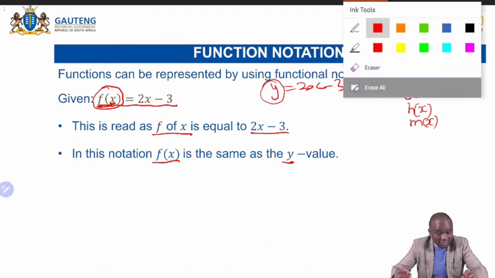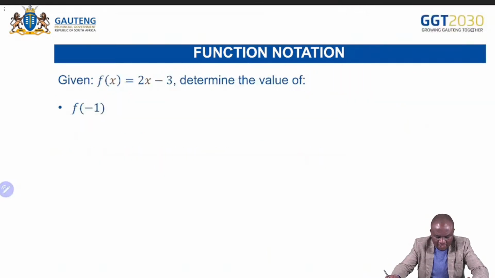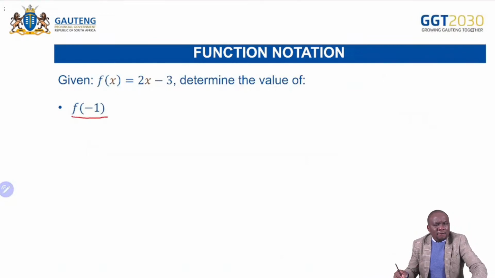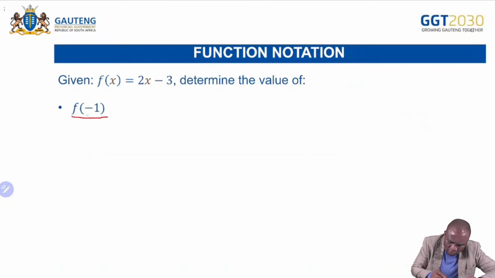Now let's move on. Still on this explanation, f of x is equal to 2x minus 3. Determine the value of f of negative 1. What is the meaning of this? F of negative 1. Do you see that negative 1 replaces x?